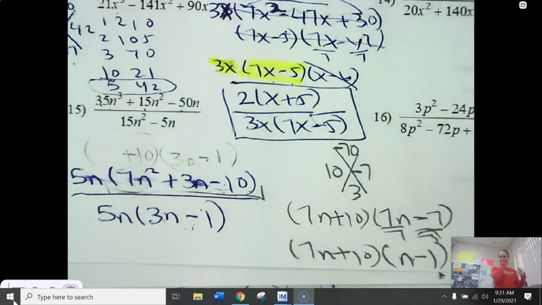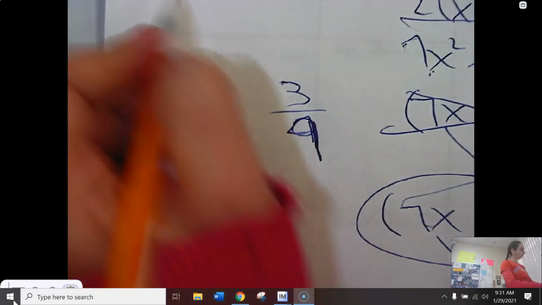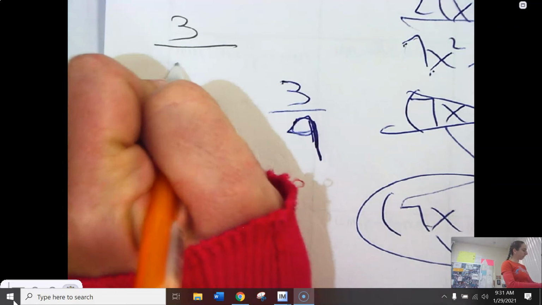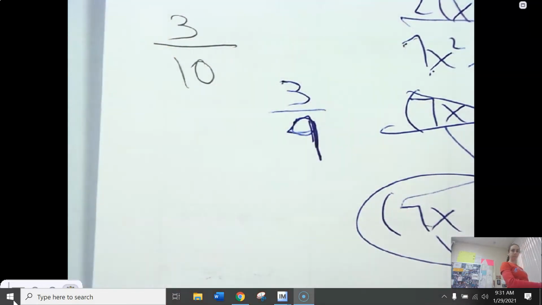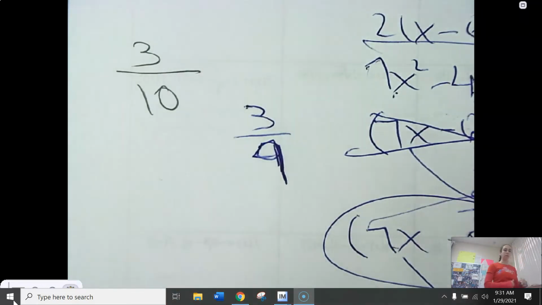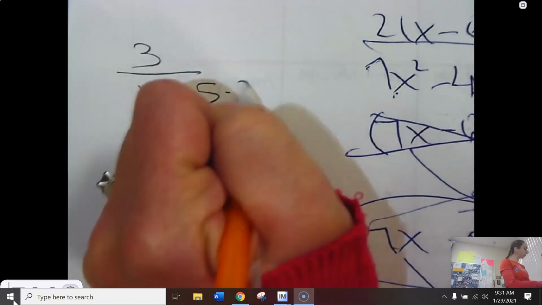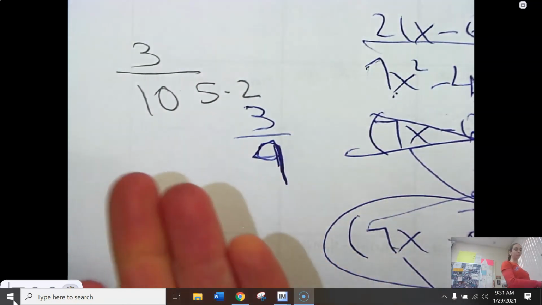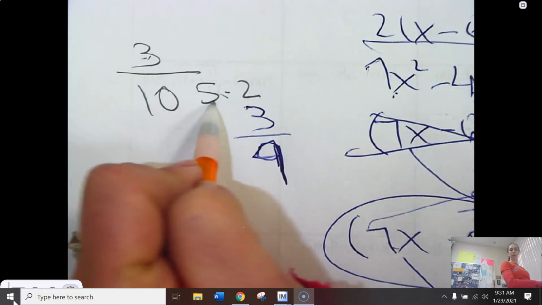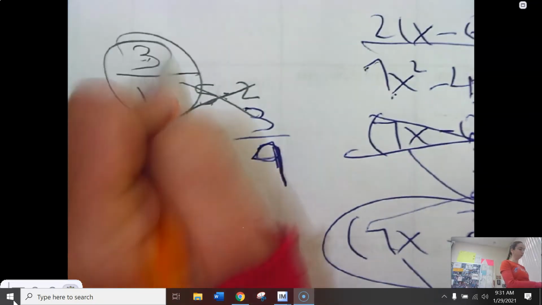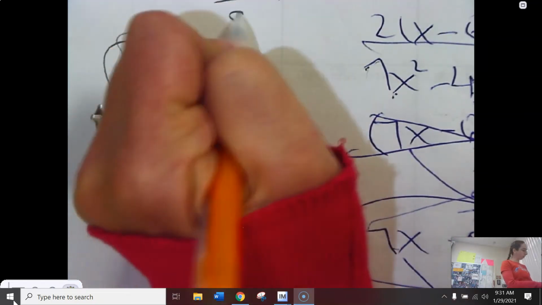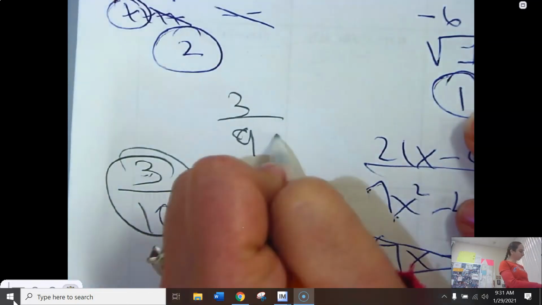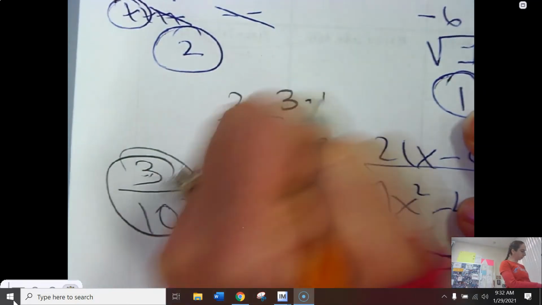The whole idea is to simplify it. And some of you go, what? Okay. Let's go back to 3. Let's go 3 over 10. And you go, can I simplify it? No. But 10 is 5 times 2. And you're like, well, that's great. But it's not going to match up with a 3. So why would I even care? You're done. Where if I had 3 over 9, that's 3 times 3, and that's 3 times 1.